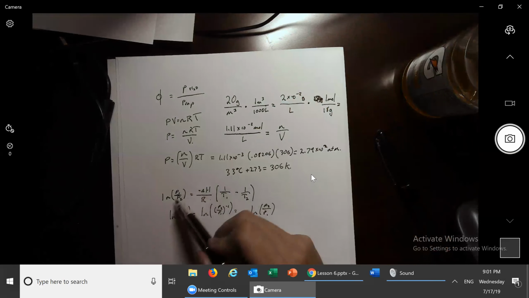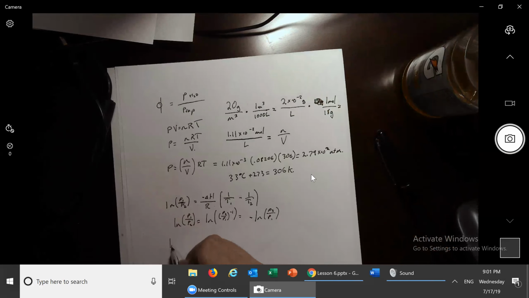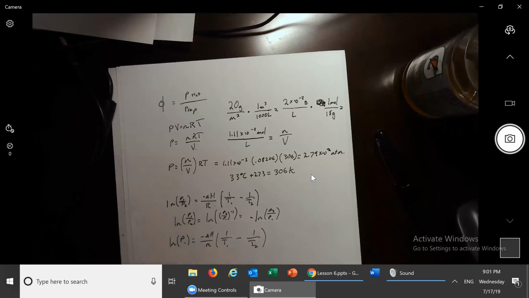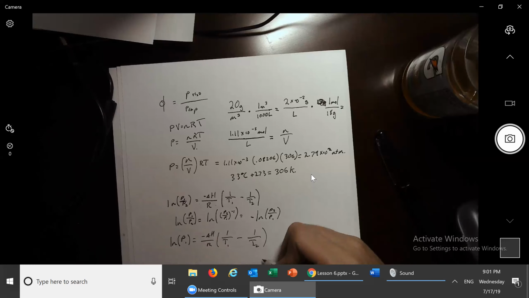So we can simplify this to ln of P1 equals negative delta H over R times 1 over T1 minus 1 over T2, just to make our lives a little easier. So now all we need to do is plug in the T1 and T2. So T2 is 373 Kelvin and T1 is 306 Kelvin, right?